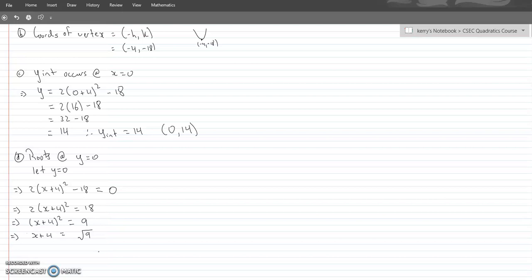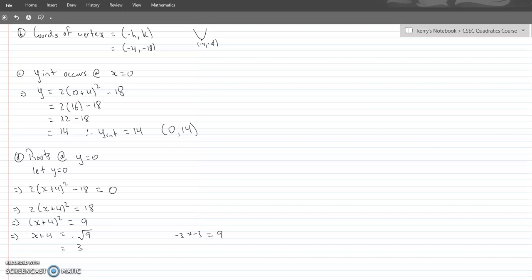Now, if we are doing the square root of 9, you have to be very careful here. The square root of 9 is not just 3 alone. Remember, the square root of 9 is actually negative 3 as well, because negative 3 times negative 3 is equal to positive 9 too.